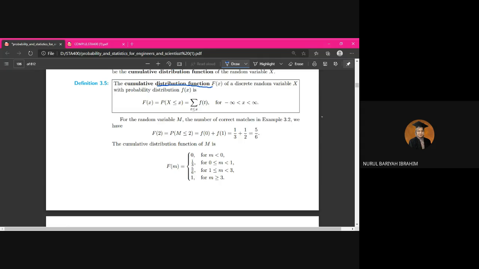Okay, alright. So to find the cumulative distribution function for discrete random variables, this is the important thing that you should know. Okay, notationnya capital Fx. It is the probability of the random variable x is less than or equal to some value of x. Less than or equal. Tak boleh less than saja.